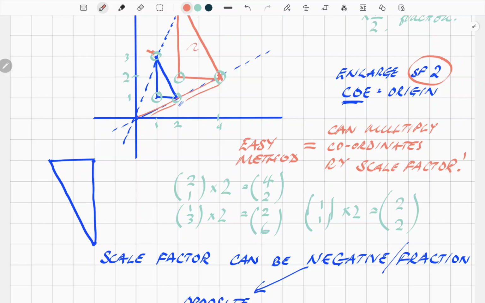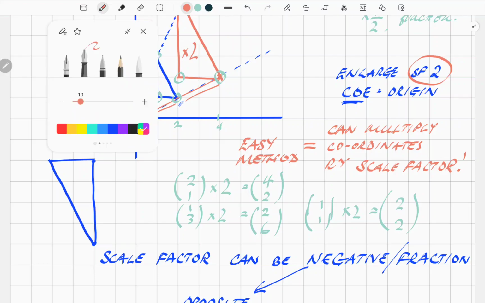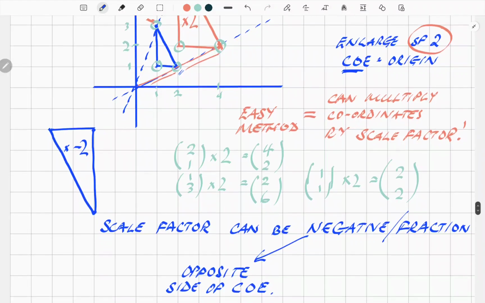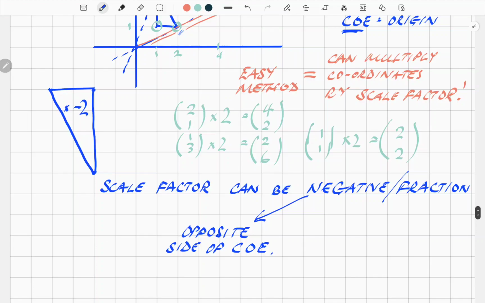So going back to this one was scale factor times 2. This one is scale factor times -2. Now, this is the important bit. If you have a minus, a negative, it'll be on the opposite side. You see, this is the center of enlargement.